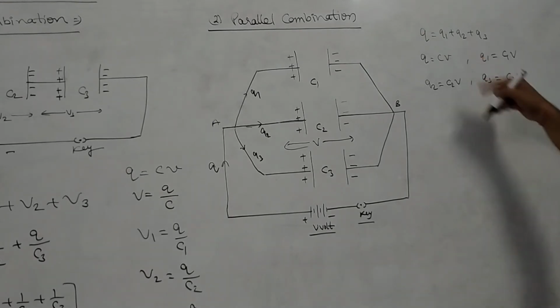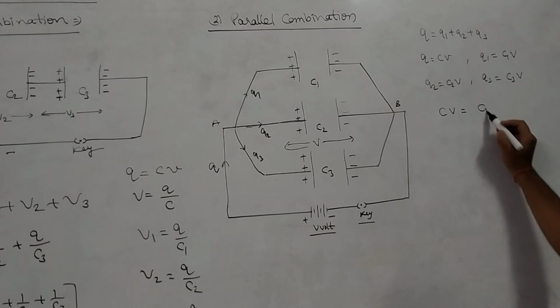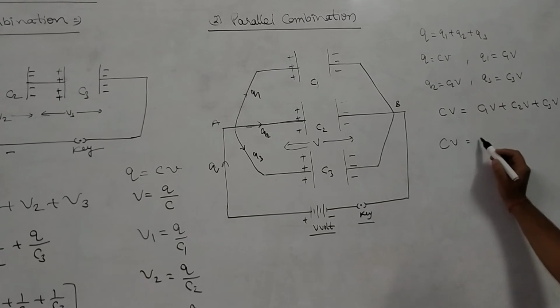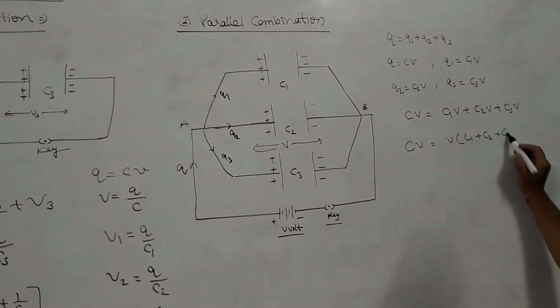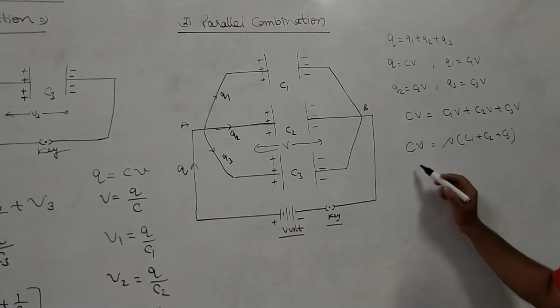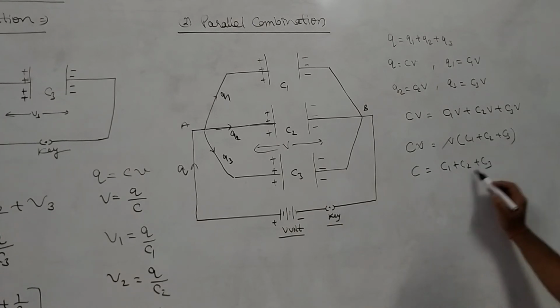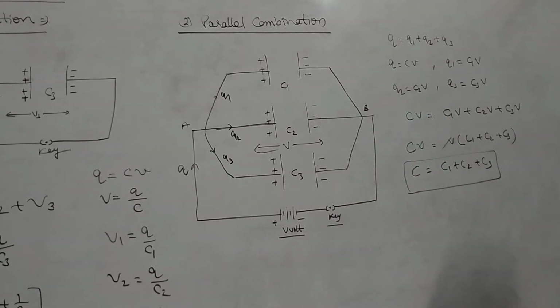Put all these charges in this equation, then we get CV is equal to C1V plus C2V plus C3V. Then we take V in common, and in the bracket C1 plus C2 plus C3. V and V cancel out. The net capacitance is C is equal to C1 plus C2 plus C3, which is the net capacitance in parallel combination.